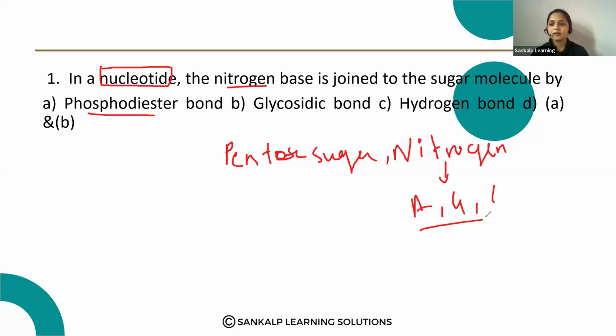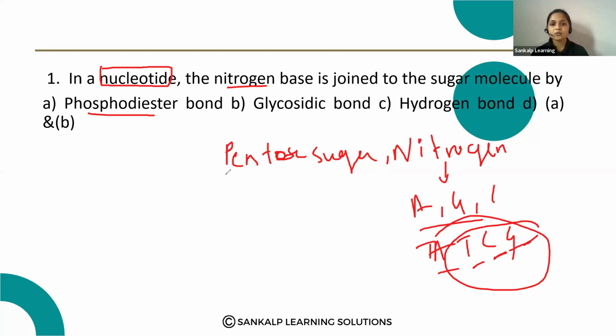So these are the nitrogen bases, A, T, C, G. To the sugar group, a nitrogen base is attached.